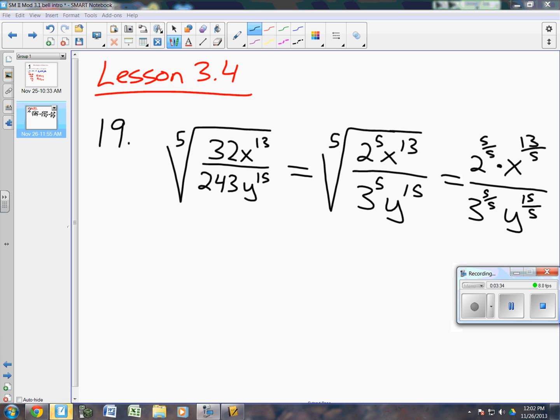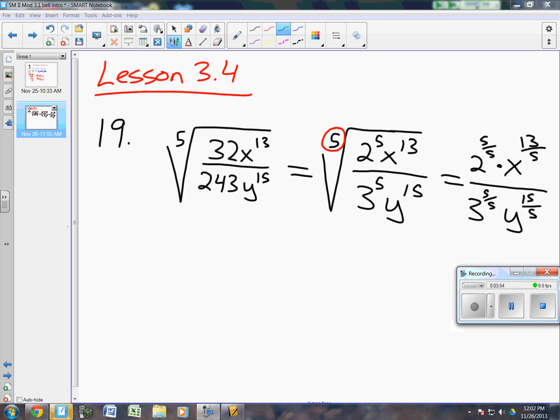Because the root was, the index was 5, it's a fifth root, that 5 becomes the denominator for each of those. Okay, so now, I think you guys can kind of do it from here for the most part.